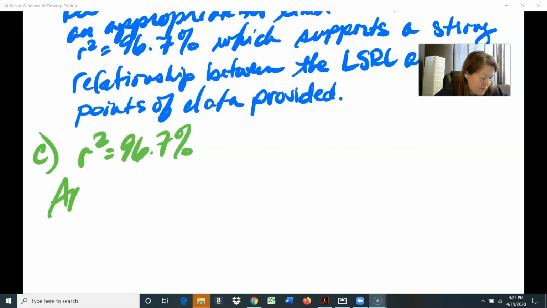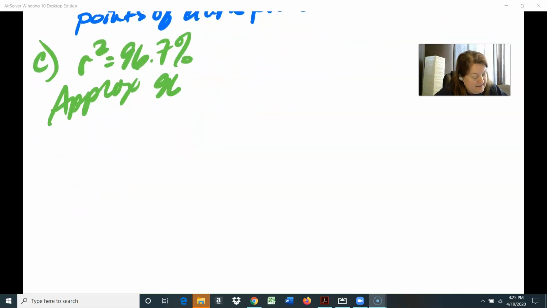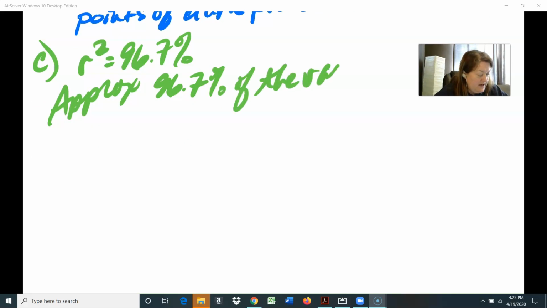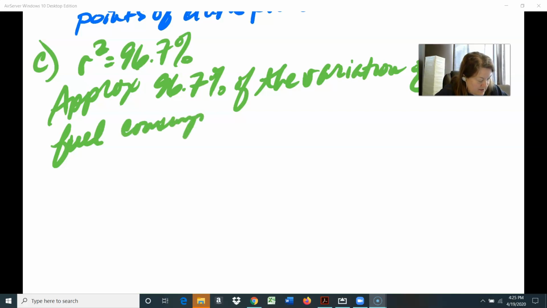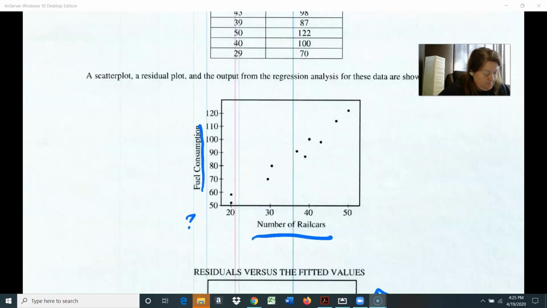That means approximately 96.7% of the variation of Y, and Y was fuel consumption per mile, what was it?